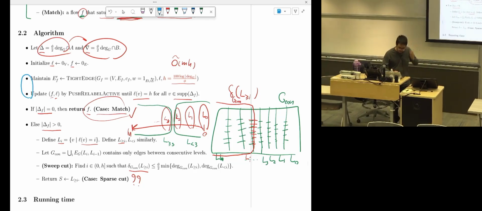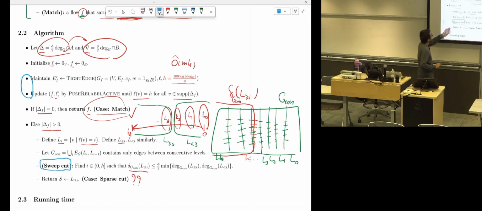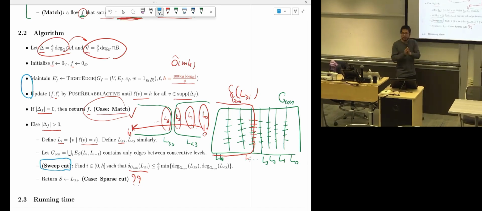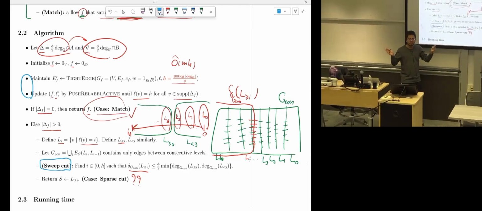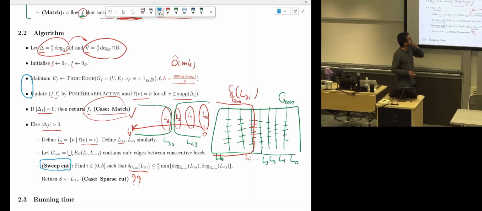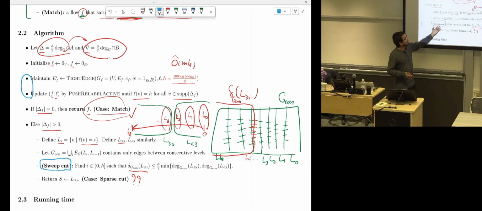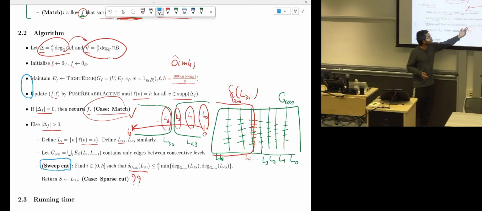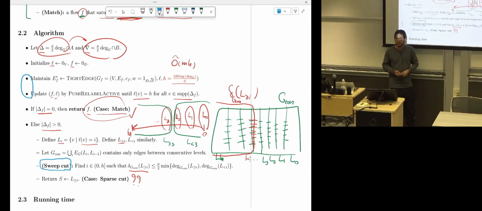And another part is the sweep cut part. To compute G consecutive is just linear time, right? We have the labels, just construct G-con in linear time. But for the sweep cut, I claim that we can find this i in linear time too.